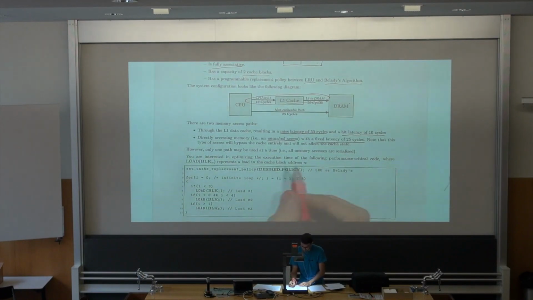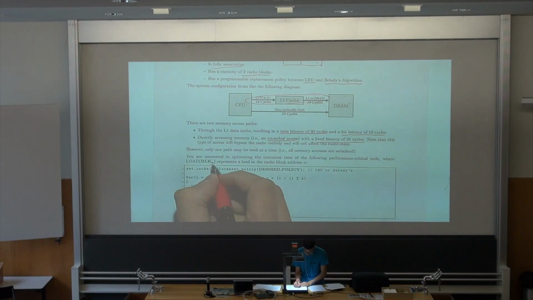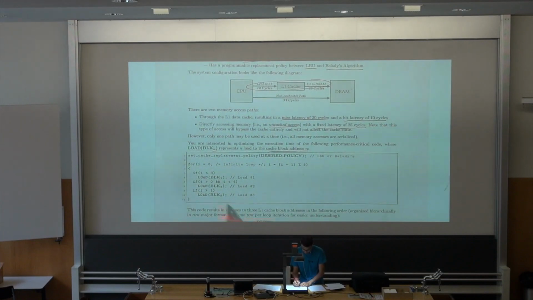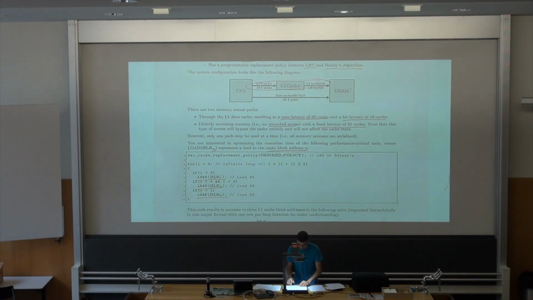We're interested in optimizing the execution time of this piece of code, where loading block sub n represents a load to cache block address n. In this code, we have 3 different load instructions: block 1, block 2, and block 3, which represent block address 1, block address 2, and block address 3.